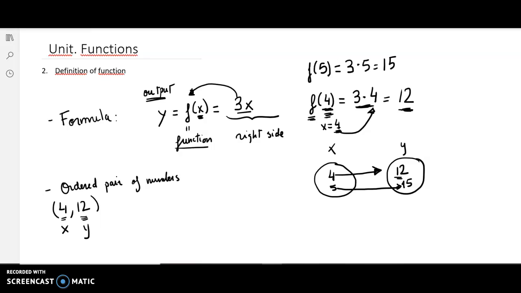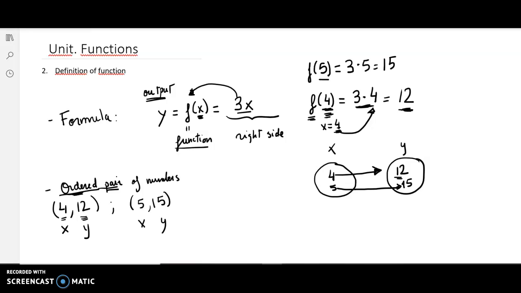And I cannot change the order. Always the first number represents the x and the second the y. I can do the same with the second pair of numbers, the 5 and the 15. The first number is the x and the second is the y. So for that reason, we call this an ordered pair of numbers. Ordered because we cannot change the order, and pair because we have two numbers.